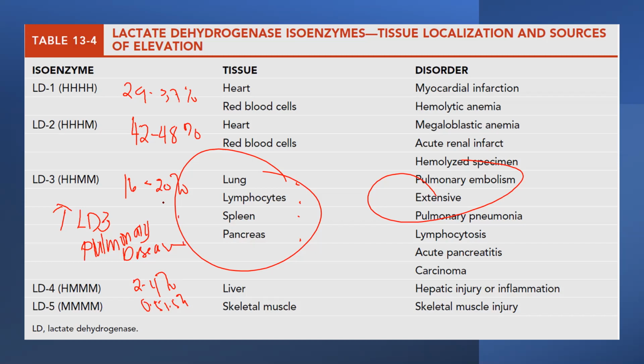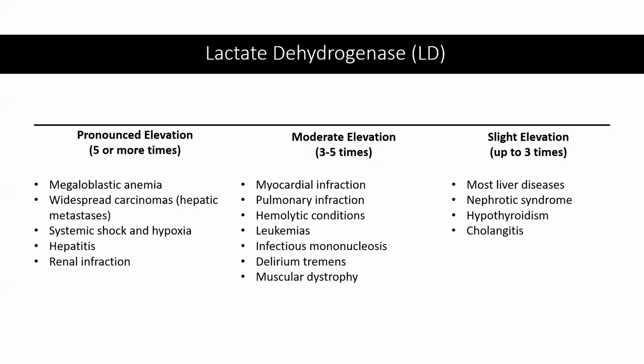Okay? Now, what are the conditions where our lactate dehydrogenase is pronouncedly, moderately, and slightly elevated? Pronounced: megaloblastic anemia, widespread carcinomas, metastatic hepatic metastasis. What does metastasis mean? The cancer has spread from another organ. Also systemic shock or hypoxia, hepatitis, and renal infarction.